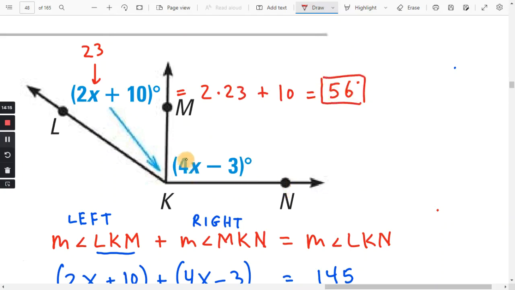And the other 23, the other angle I should say, goes right in there. That's 4 times 23 minus 3. Okay, this is going to be 92 minus 3 is going to be 89.